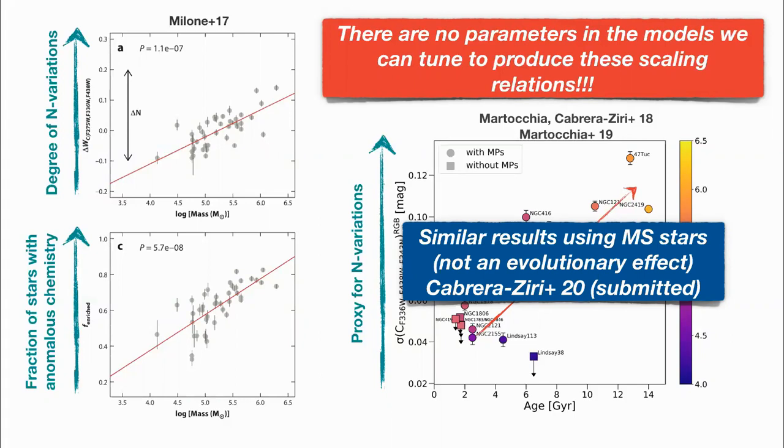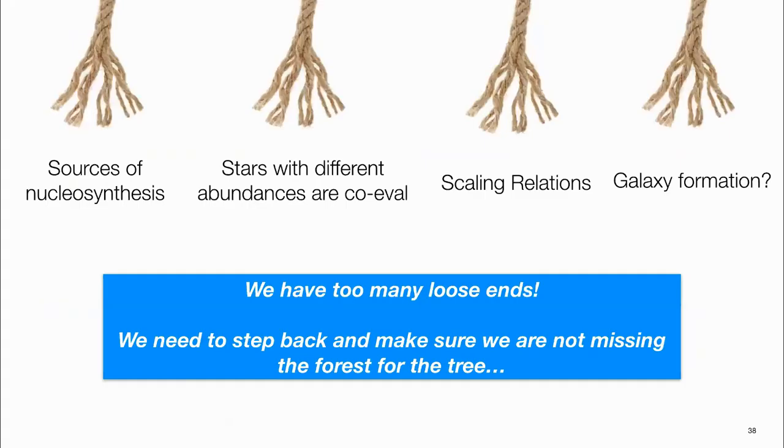Okay, so now let's regroup. There are many loose ends in the problem of globular cluster formation and the origin of their abundance anomalies. Essentially, there are problems with the sources of these abundance patterns.